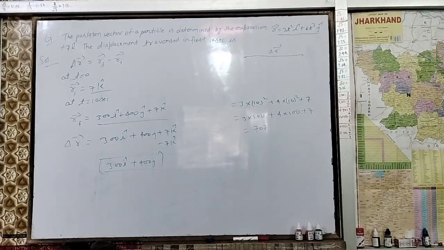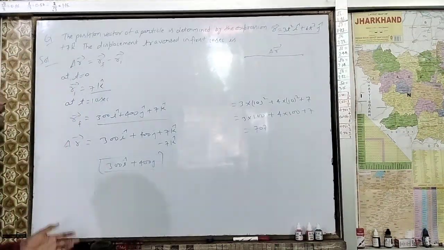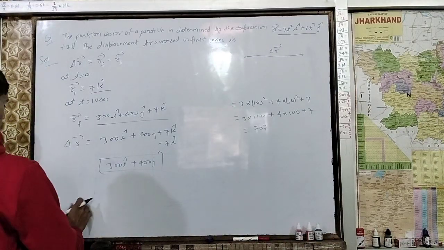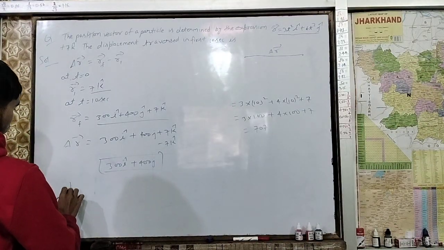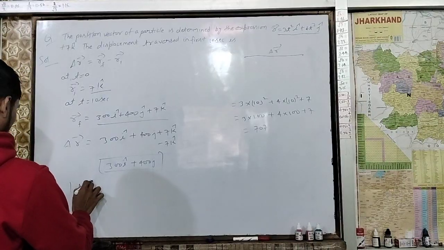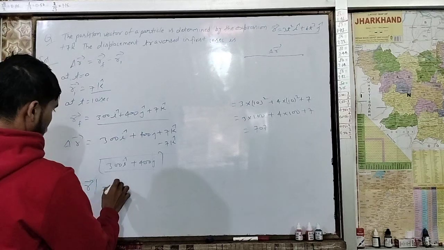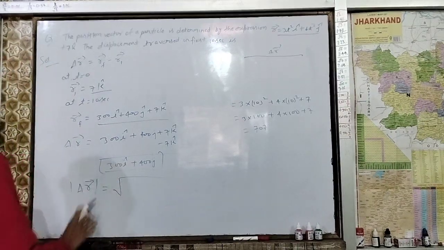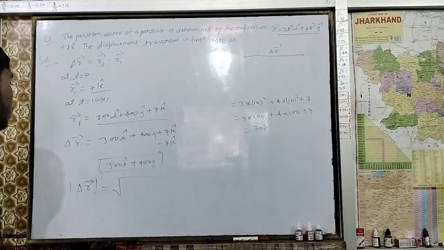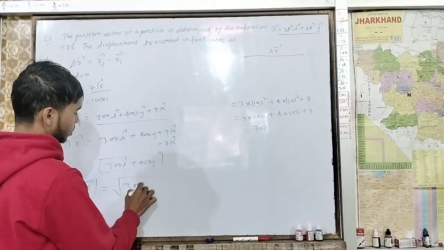But we want only magnitude, not direction, so that we can get exact displacement. So we are going to apply mode, so that we can get only magnitude. You know, this raised to power 2 plus this raised to power 2, and under root will be our final magnitude.